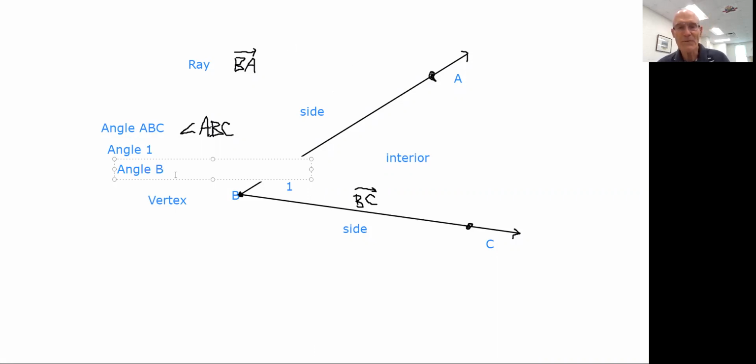I can say angle B as long as there's only one angle that has B as a vertex, and then there's no problem understanding what angle we have, okay?